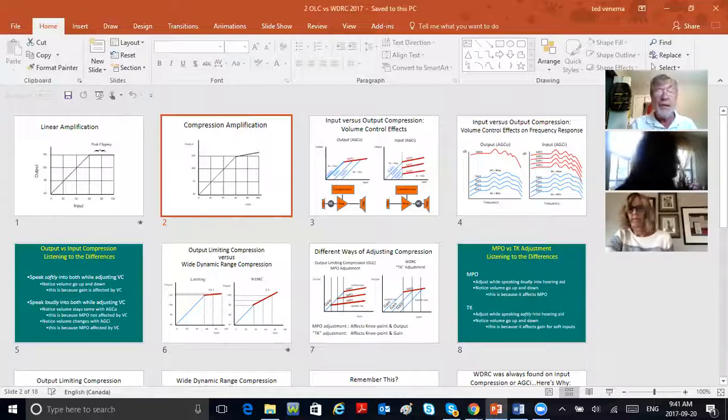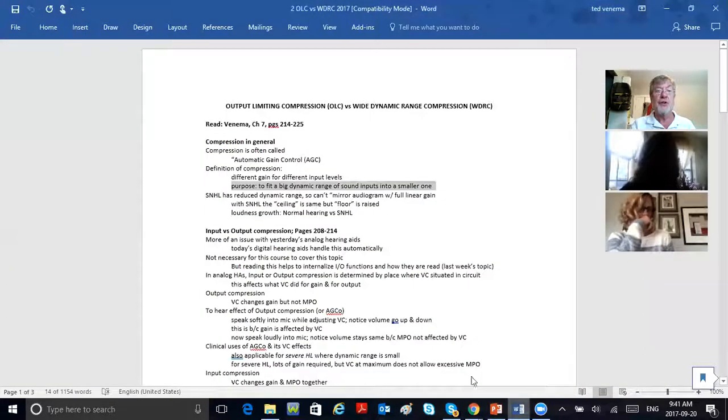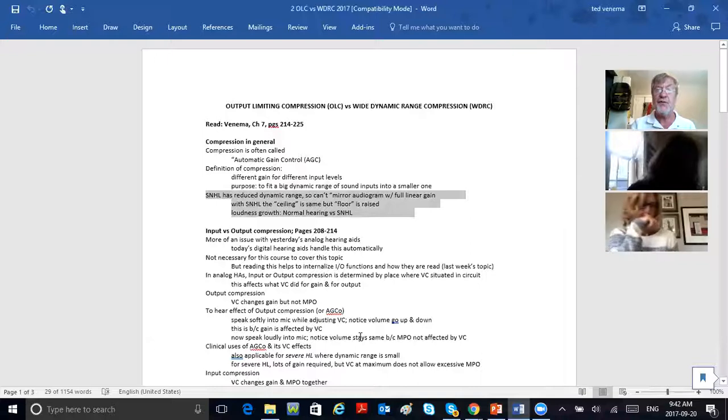Okay, reading in your Microsoft Word notes again. Sensory neural loss has reduced dynamic range, so you cannot mirror an audiogram with full linear gain. With sensory neural loss, the ceiling is the same, but the floor is elevated. That's what it's all about.